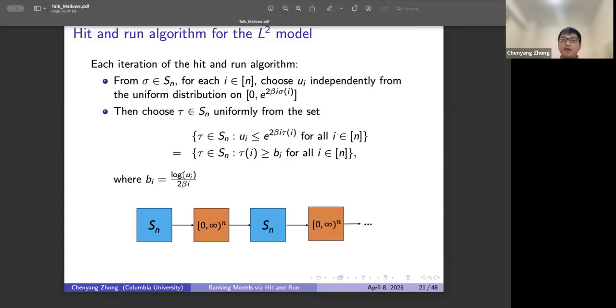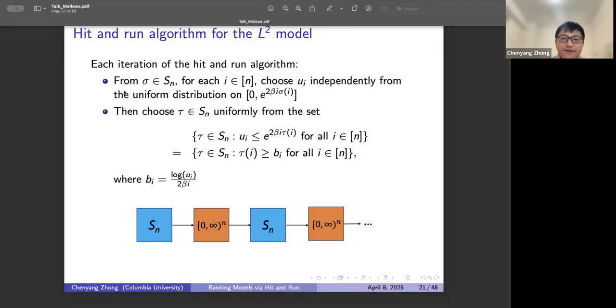So once we have determined the u's, u1 up to un, we can compute b1 up to bn. And the second step would involve drawing a permutation uniformly from this set of permutations with a one-sided restriction. So here we call it one-sided restriction because we require each coordinate to be at least some quantity. If we require all the coordinates to be less than or equal to a certain quantity, it's also a one-sided restriction.